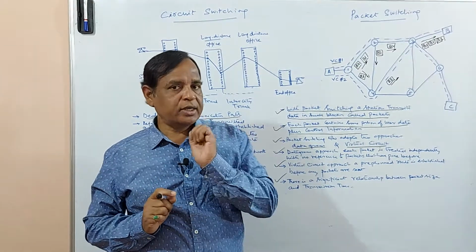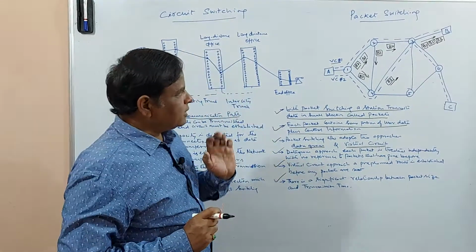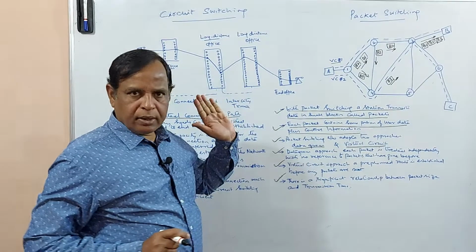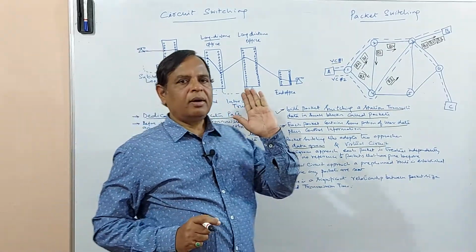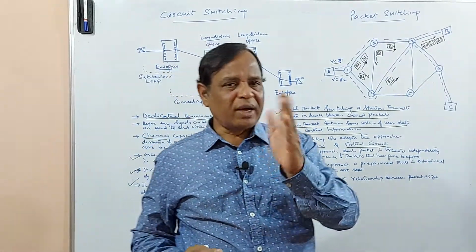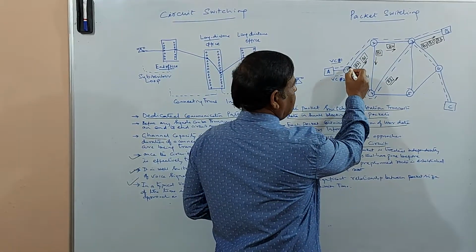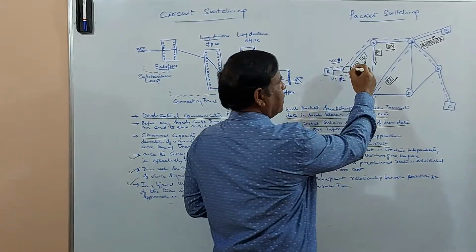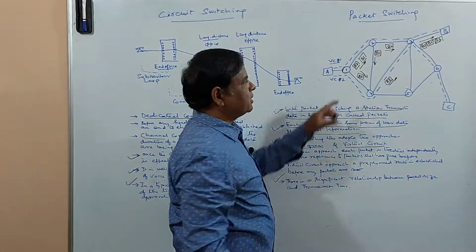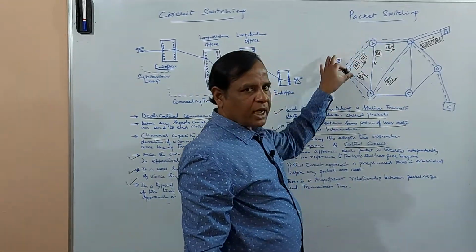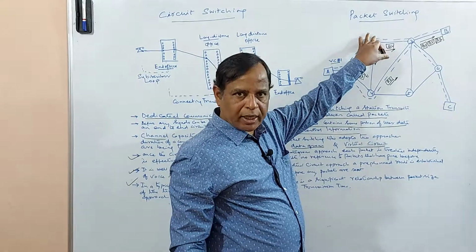Now you should understand that in the process there are two types of delays. When you find there is a propagation delay, it is the transmission time taken from one node to the other.